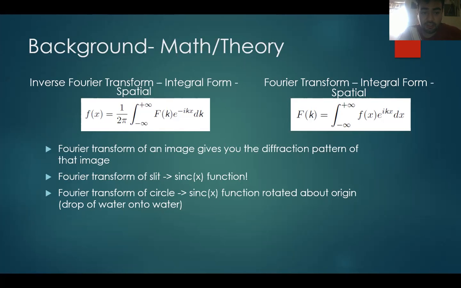And if you take the Fourier transform of a circle, you end up with the sinc rotated in every direction, so it looks like what you've probably seen in physics textbooks, where a droplet of water drops and it bounces up, and it looks sort of Gaussian.